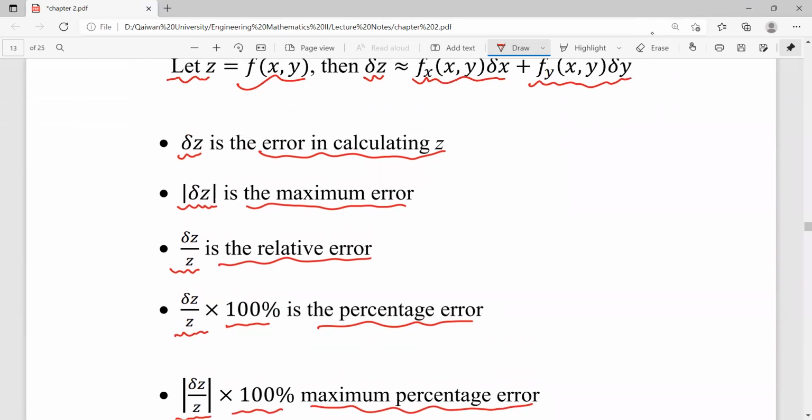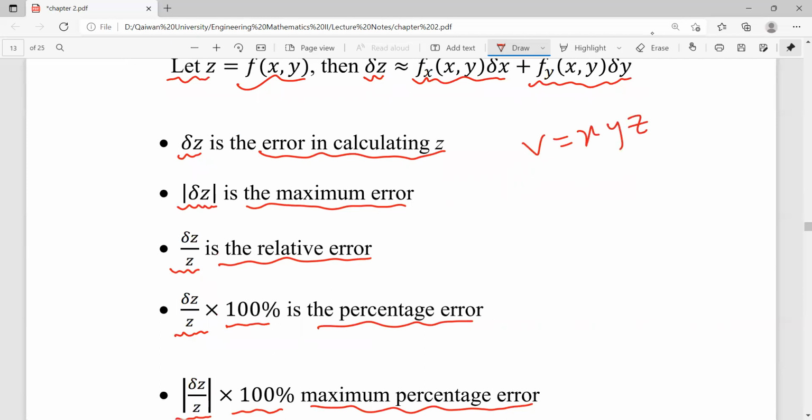So here, if we want to find, let's say, the percentage error for the volume, we say V equals xyz.